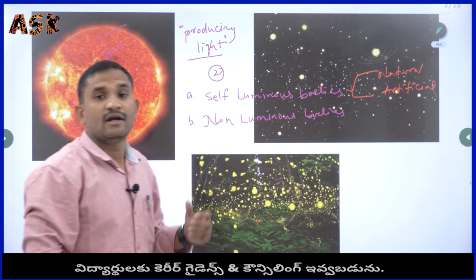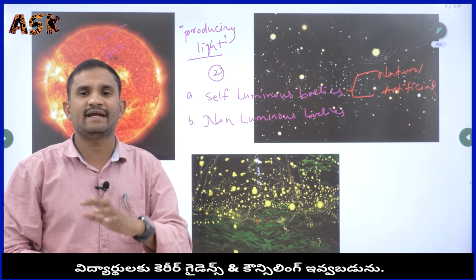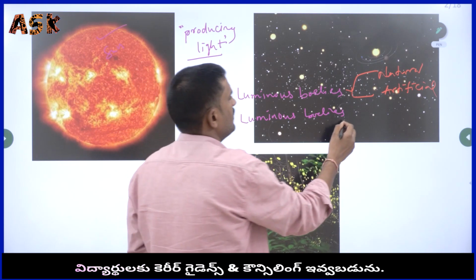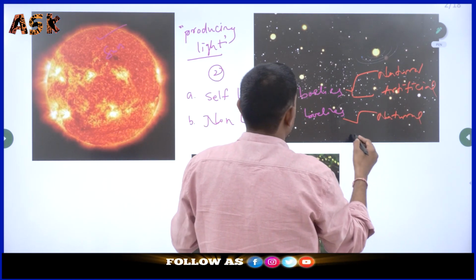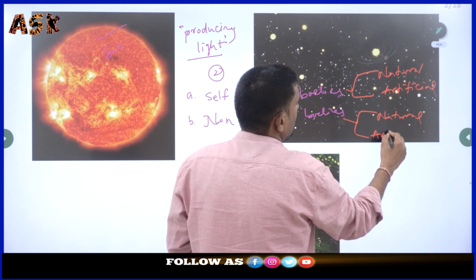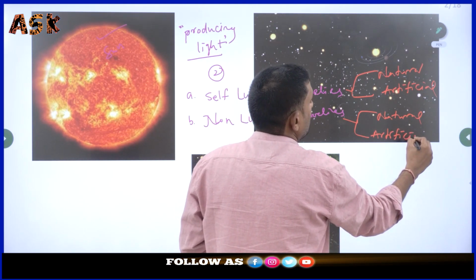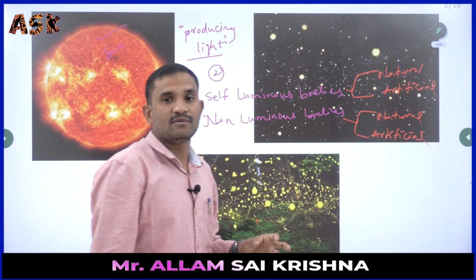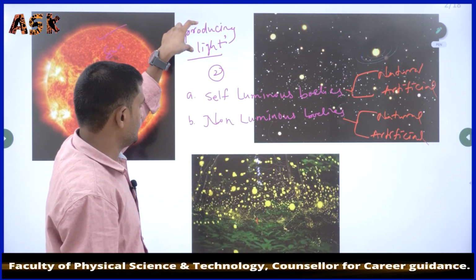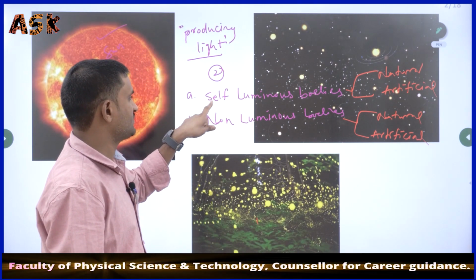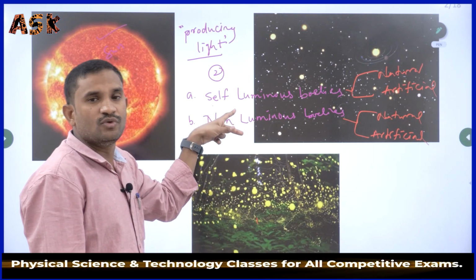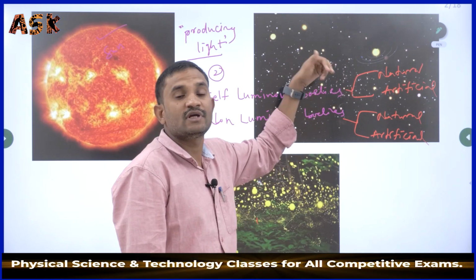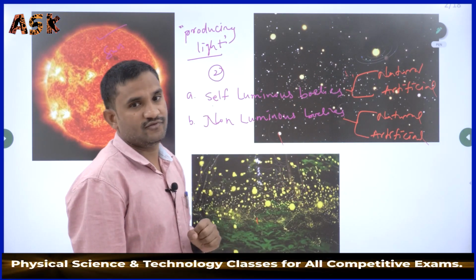Non-luminous bodies are also again classified into two types. What are those? Natural non-luminous bodies and artificial non-luminous bodies. Simply, on the basis of producing light, the substances are of two types: self-luminous bodies and non-luminous bodies. Again, these two are classified into two types: natural and artificial.